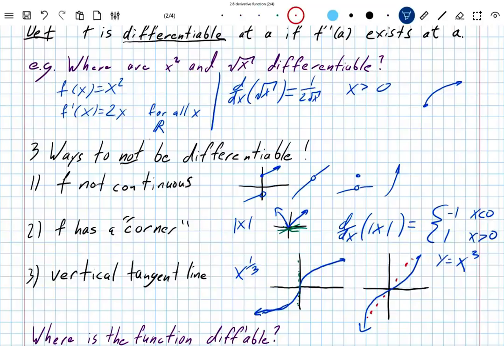Okay, so if I do this better, this should be horizontal right at 0. It should have a derivative of 0 at 0. And so when I flip that over, I get this infinite derivative, and we don't have infinite derivatives. That's just going to not be differentiable at 0. That's really it. Those are the 3 ways that you can be not differentiable.